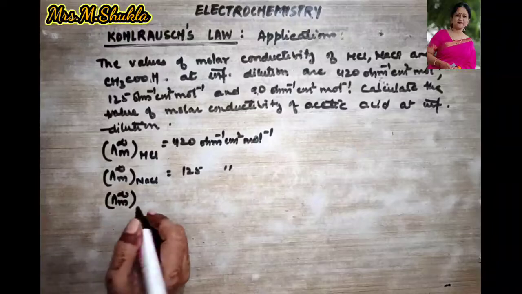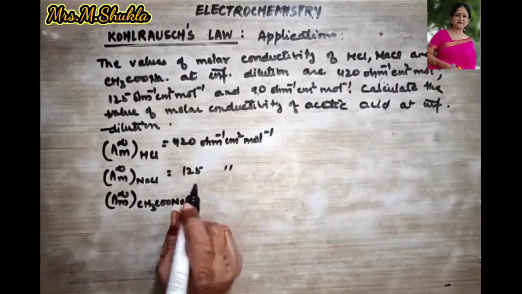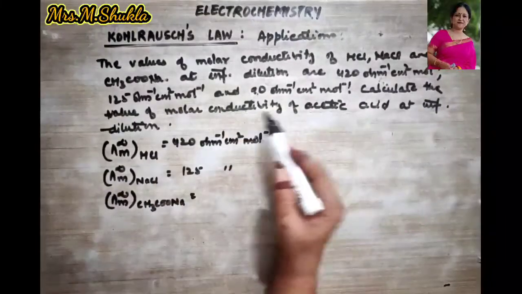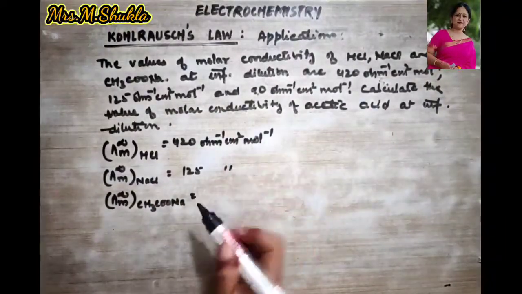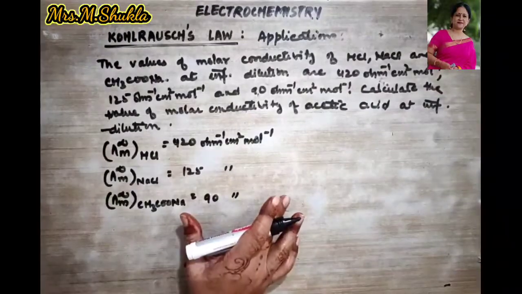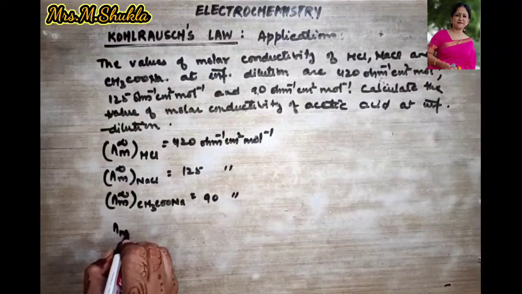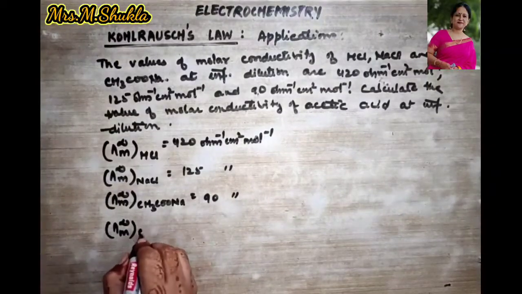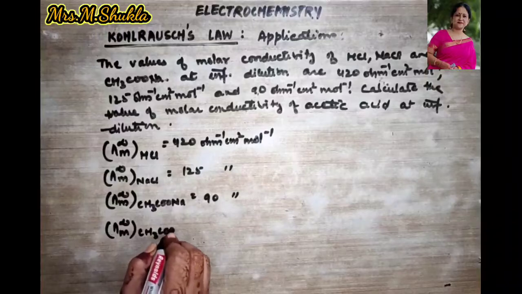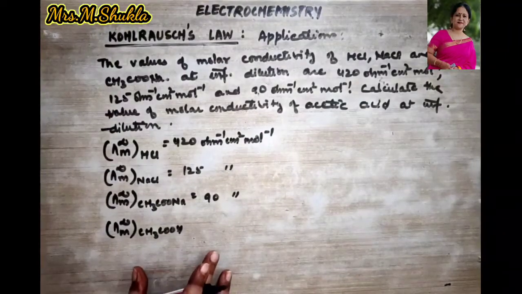And the molar conductivity of sodium acetate is given as 90 per ohm centimeter square per mole. Right, now we have to find out the molar conductivity of the acetic acid at infinite dilution.